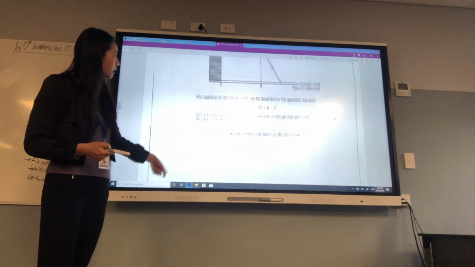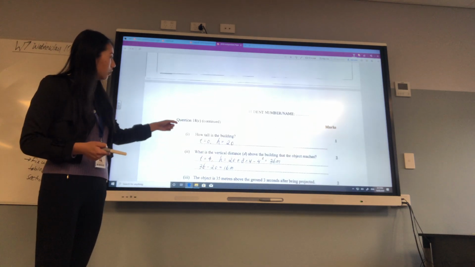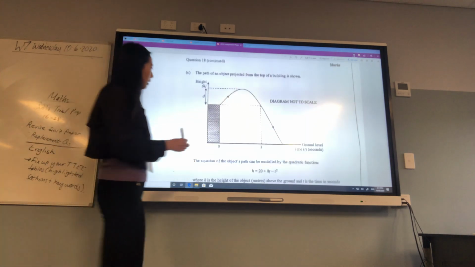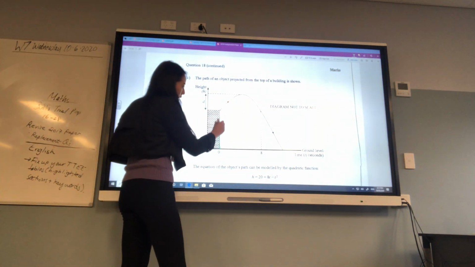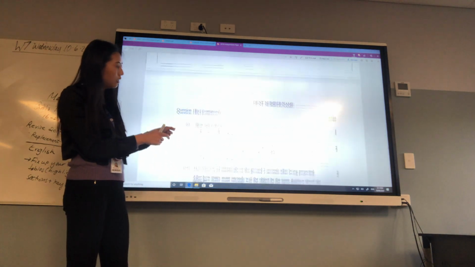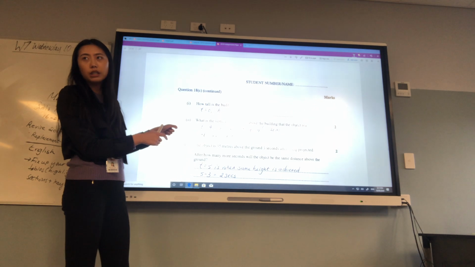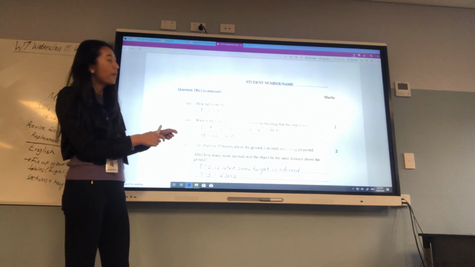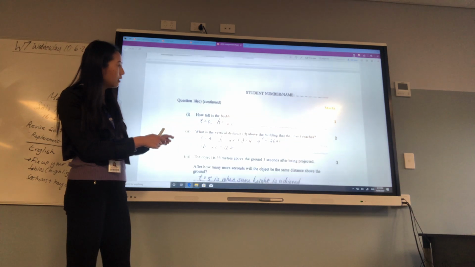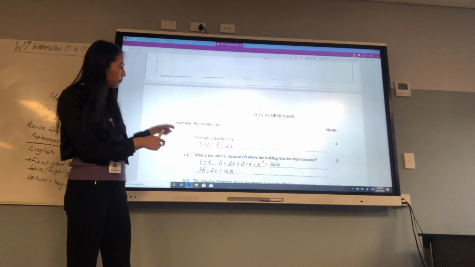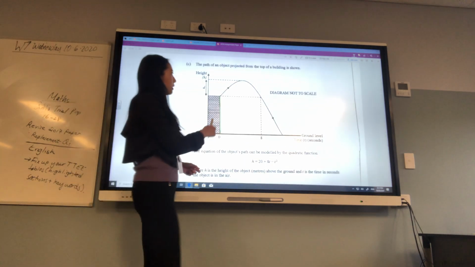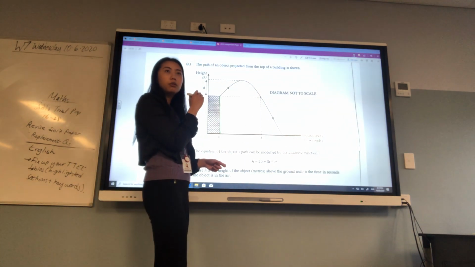So this is question 18C. How tall is the building? The building is at t equals 0, right? You substitute t equals 0 into the equation, and you'll get h is equal to 20. So the building is 20 meters tall. And what's the vertical distance above the building that the object reaches? Because this is a parabola, it's going to be symmetrical.